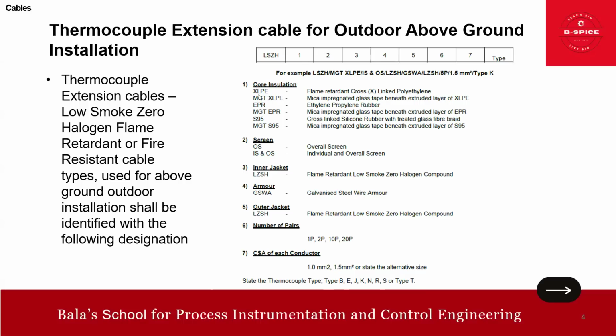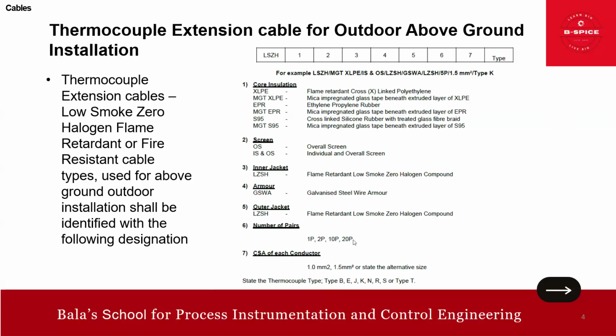Same case, you see the core insulation: XLPE, MGT mica impregnated, then EPR, ethylene propylene rubber, then MGT EPR, S95 silicone rubber, MGT 95 mica impregnated silicone rubber. Okay. So this is the core insulation, not much of a difference. Then screen also OS, IS and OS. Then inner jacket LZSH, same. Armor is also the same. Outer jacket is also the same. Only the number of pairs here differs.